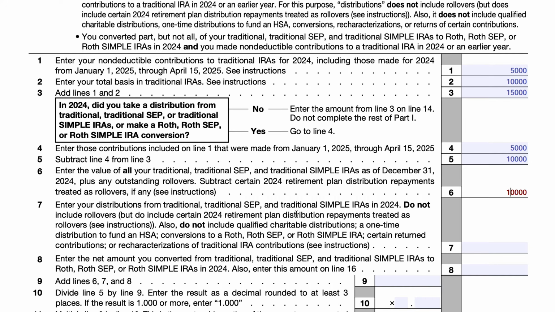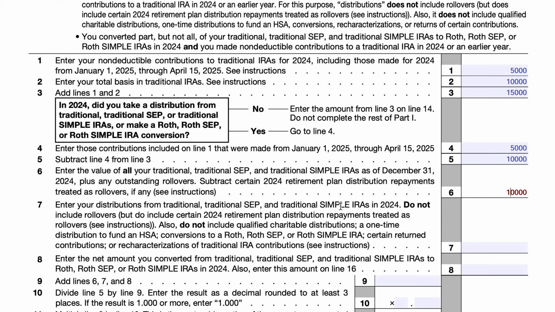We're going to enter any distributions from traditional accounts. This would not include rollovers, but there may be certain distribution repayments that are treated as rollovers. For those details, you can either check out the instructions, or you can check out our article. Don't include qualified charitable distributions.